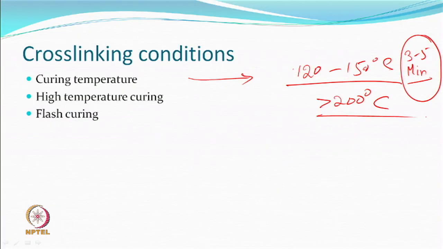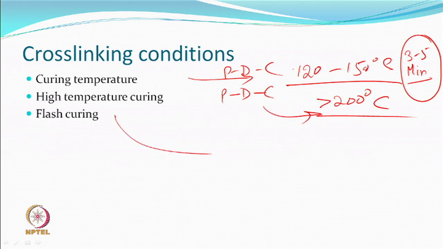Look at a texturing machine, one simple heater, and going through the whole thing, versus a whole stenter business which people use for the textile fabric. So high temperature curing is actually pad dry cure. This also is pad dry cure, but at higher temperatures.